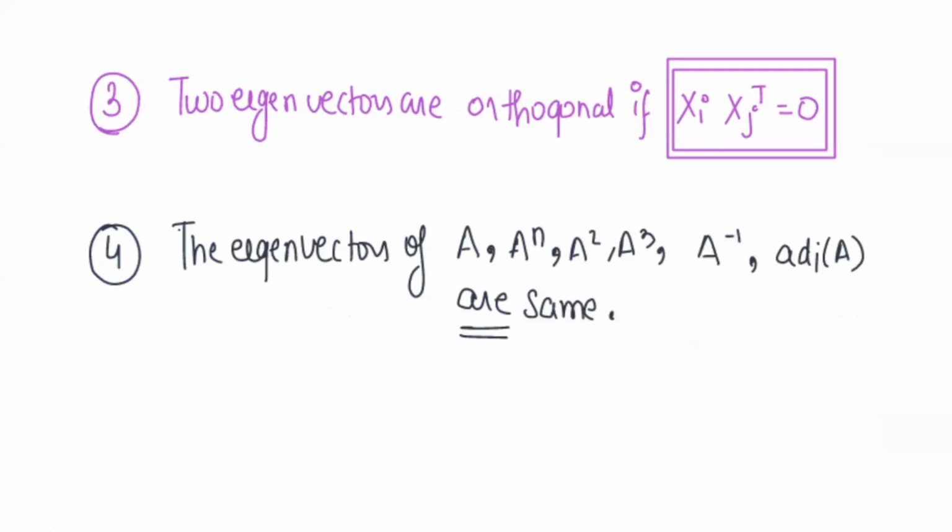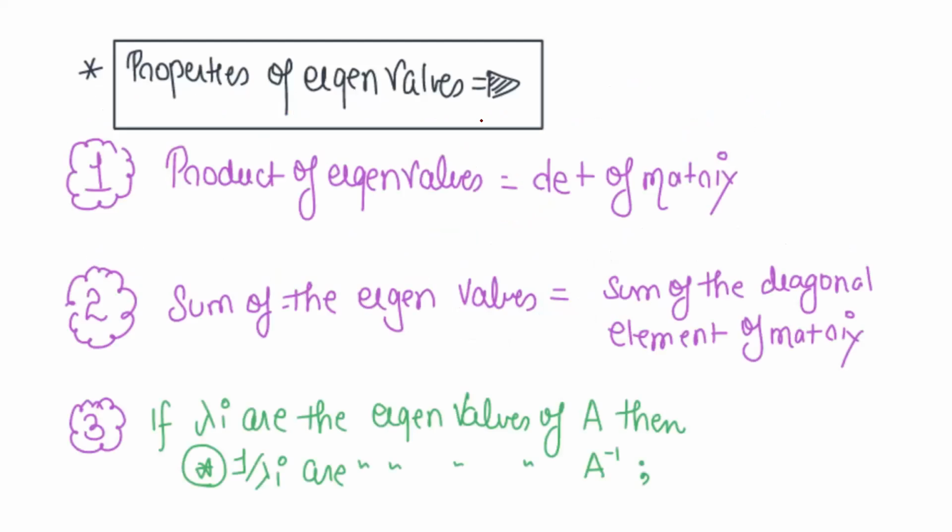Two eigenvectors are orthogonal if this condition is satisfied: x1 times x2 transpose must be 0 if the eigenvectors are orthogonal. The eigenvectors of A to the power n, or A square, A cube, A inverse are the same. The eigenvector will be the same.